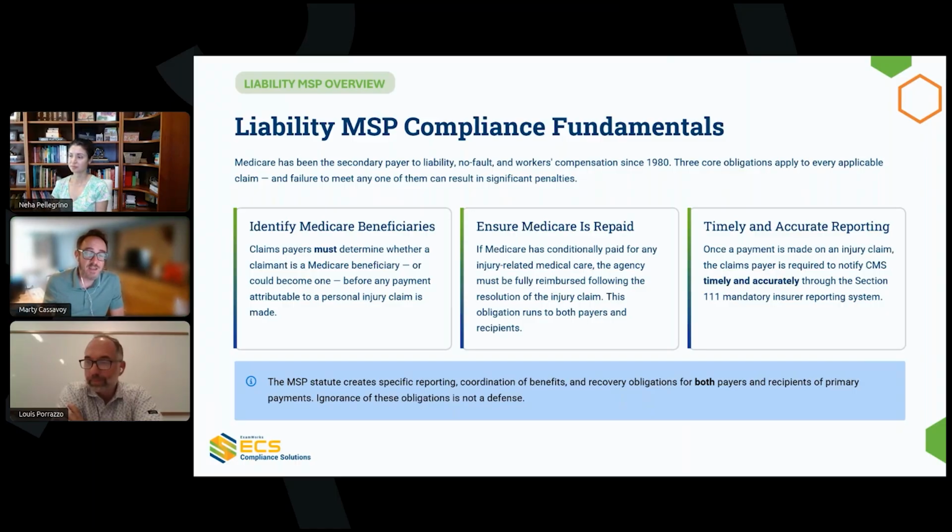The second thing is, if Medicare has made some payment, then it must be repaid, right? So if Medicare is paying for injury-related medical care that's clearly related to the underlying accident or injury, and then later on the person receives a primary payment, Medicare must be fully reimbursed. They have to be fully reimbursed dollar for dollar, not just a pro rata portion of the injury claim, right?